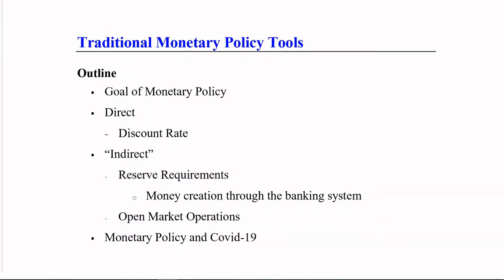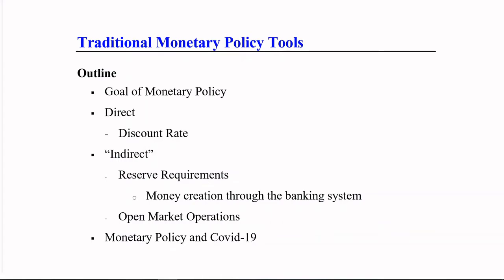We're going to start with the goal, which we discussed briefly in the last video, and then look at these three different policies in more detail, also introduced briefly in the last video, but we'll look at the discount rate, reserve requirements, and open market operations, how they work in practice, how they have been used recently, and how we may be able to continue to use them going forward.